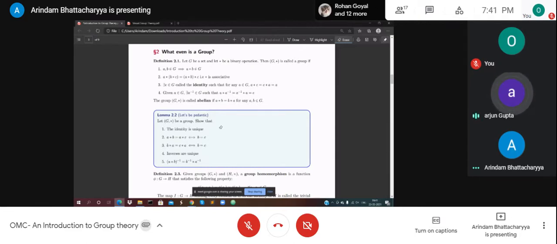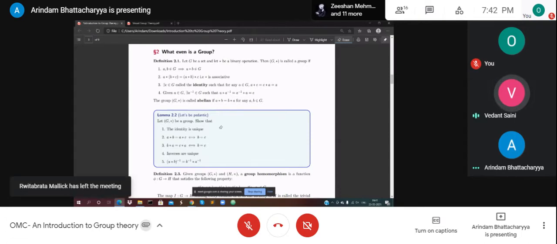Otherwise, if E and F are two distinct identity elements, then E equals F, which is a contradiction. Suppose E and F are different identity elements, then EF is E, and EF is also F. So EF is both E and F.